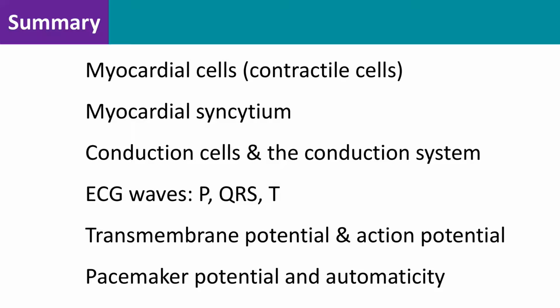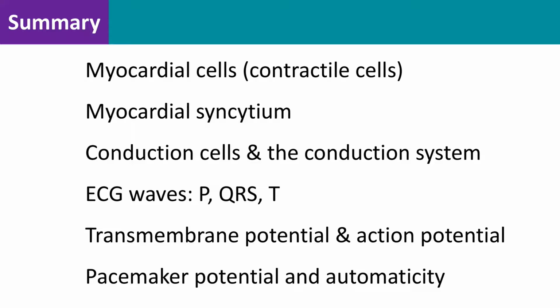We've also looked at the ECG waves, particularly the P wave, the QRS complex, and the T wave. We have discussed the transmembrane potential as well as the action potential. We have also discussed the pacemaker potential and automaticity. And these 6 are all the basic or fundamental concepts of electrocardiology. You need to be familiar with these concepts in order to understand ECG interpretation.